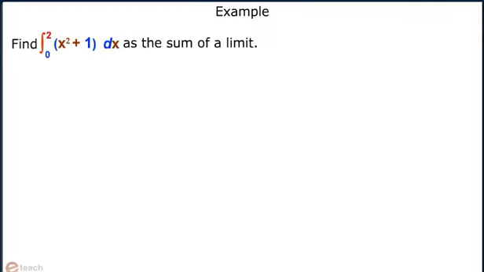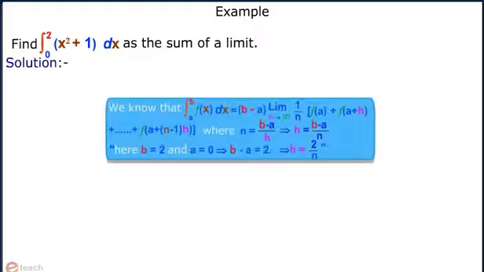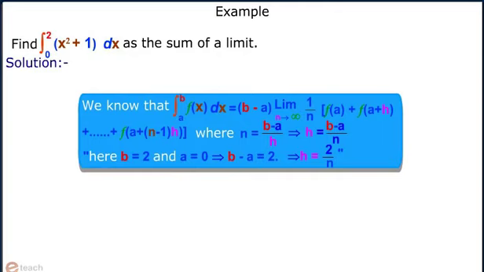Let's take an example. Find the integration 0 to 2 of (x squared plus 1) dx as the limit of a sum. Solution. We know that the integration a to b of f(x) dx equals (b minus a) into the limit as n tends to infinity of 1 by n into [f(a) plus f(a plus h) up to f(a plus (n minus 1)h)], where n is equal to (b minus a) by h, so h is equal to (b minus a) by n.